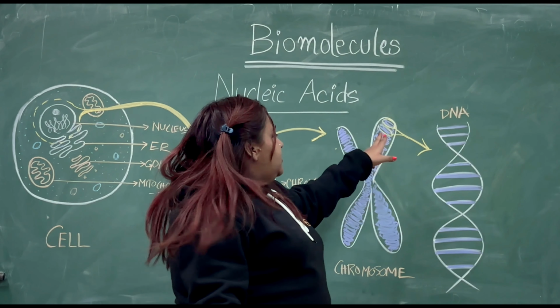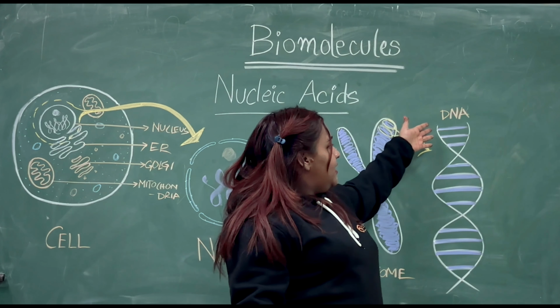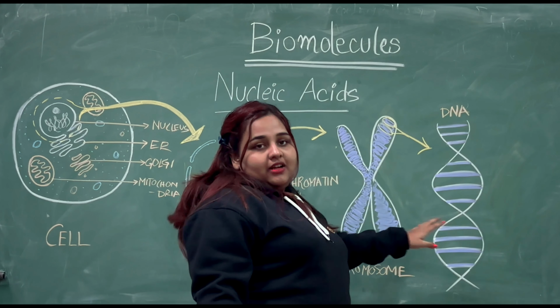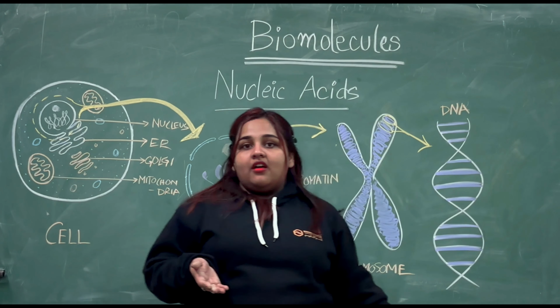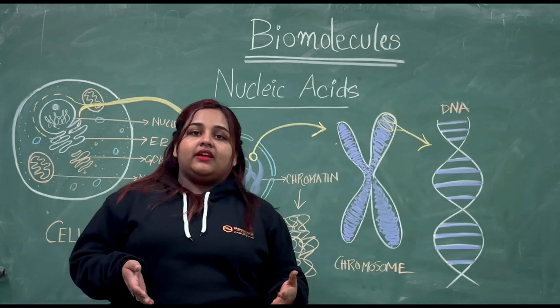These coiled structures, when zoomed again, can be seen to have DNA. Now, this is not the ultimate figure of DNA. We will discuss more about this later on. In the next portion, we will be discussing the types of nucleic acid.